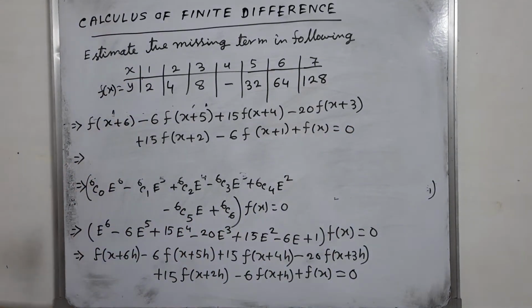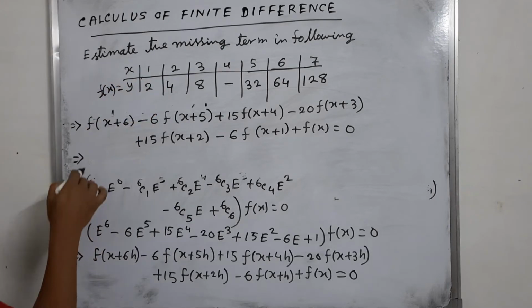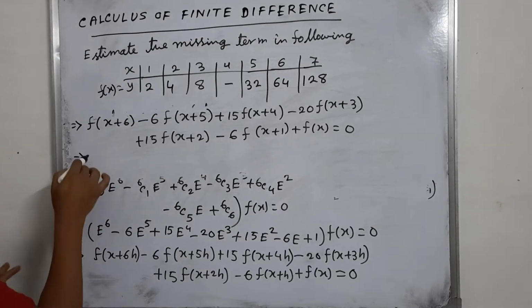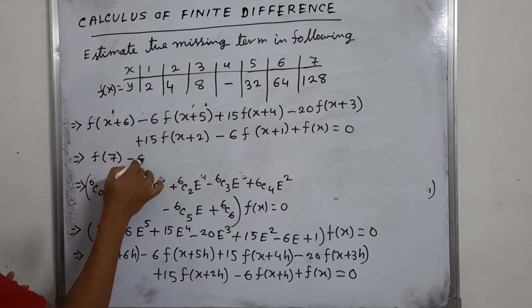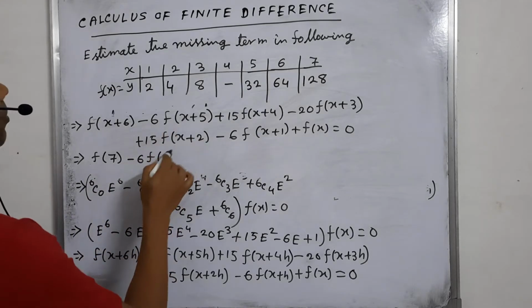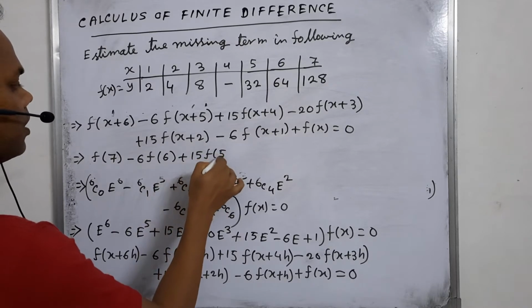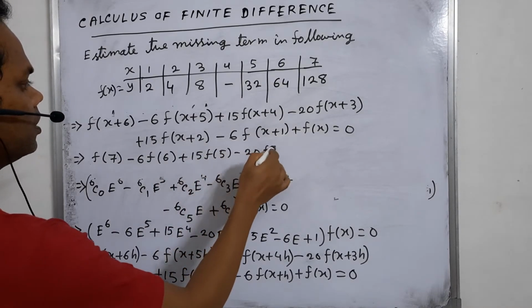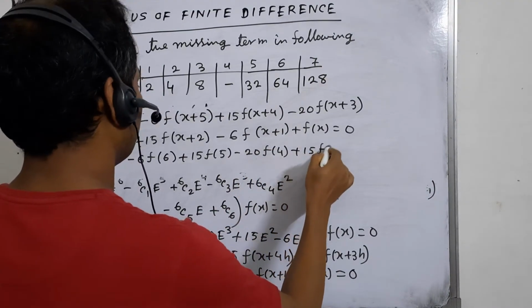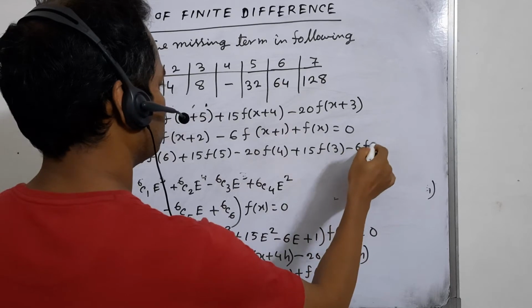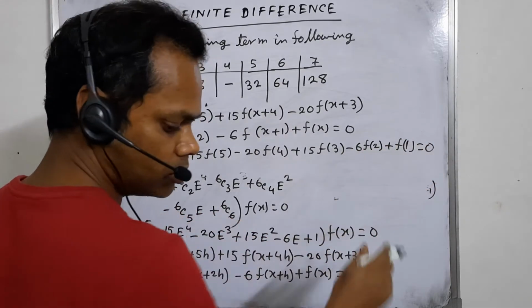Now we put the first value of x. The first value of x is 1, so we put x equal to 1. So f of 1 plus 6 is f7, minus 6 f of 1 plus 5, which is f6, plus 15 f5, minus 20 f4, plus 15 f3, minus 6 f2, plus f1 is equal to 0.